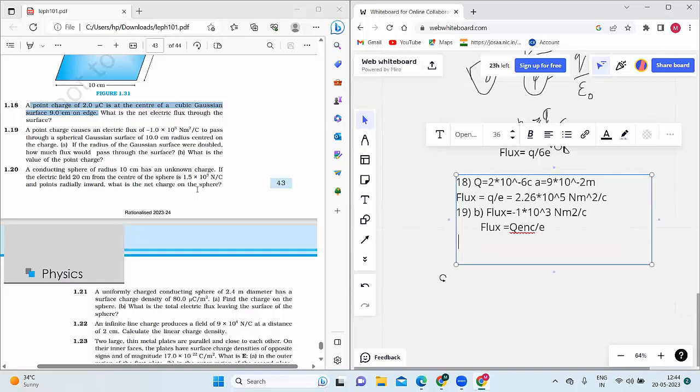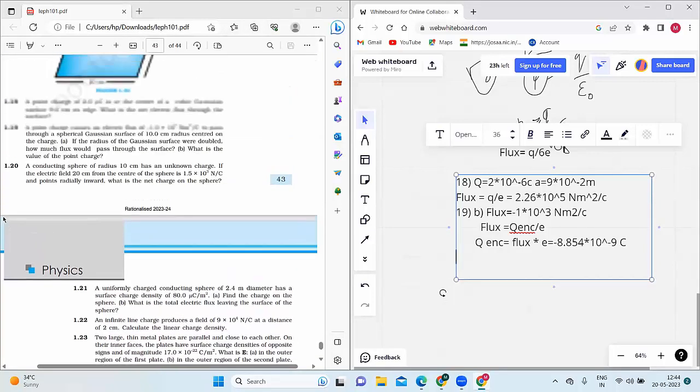So by using this formula, Q enclosed equals flux into epsilon. We will get the value as minus 8.854 into 10 power -9 coulomb.